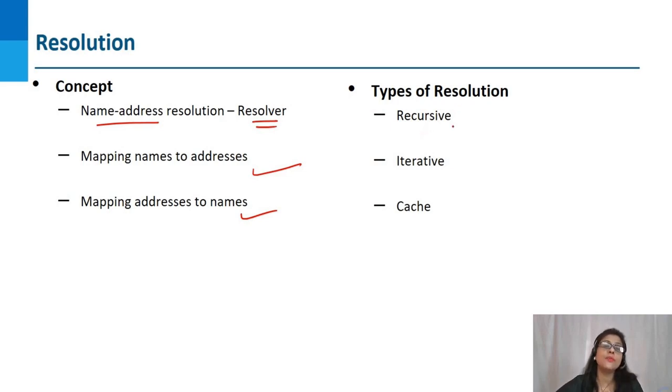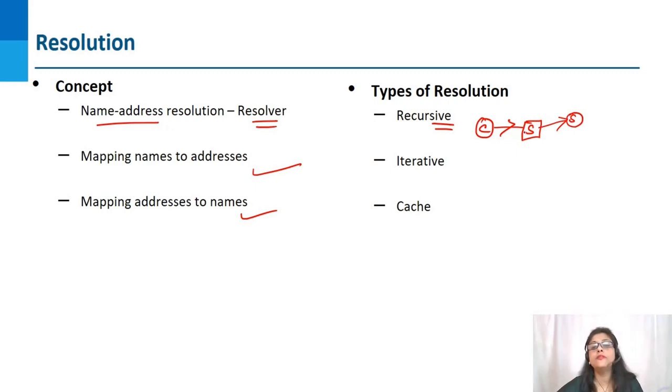For recursive type of resolution, if there is a client which wants to know the IP address of a particular domain name, it sends it to the server. Then the server sends it to the corresponding servers. If this server is the ultimate server, then it will send back the address name.